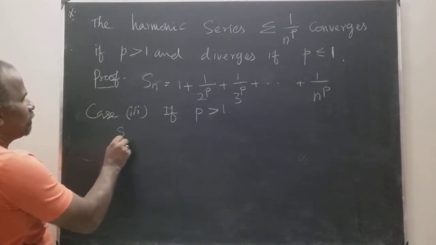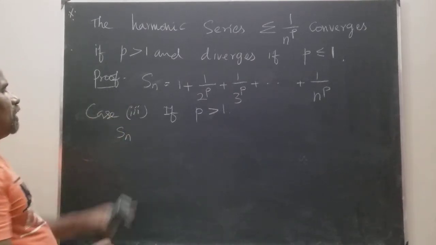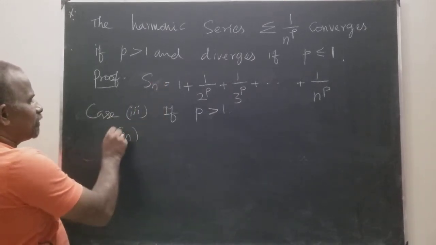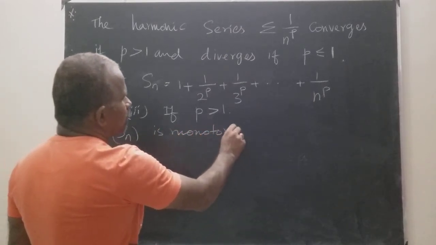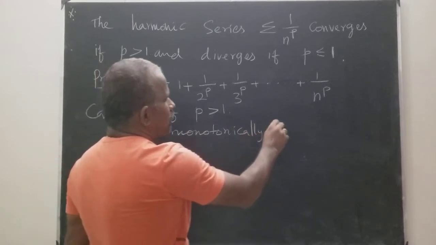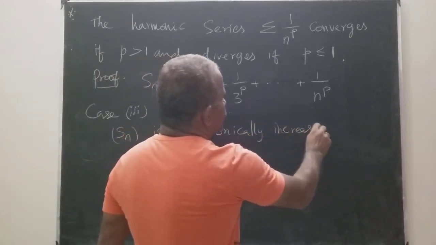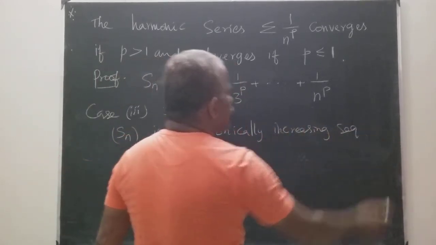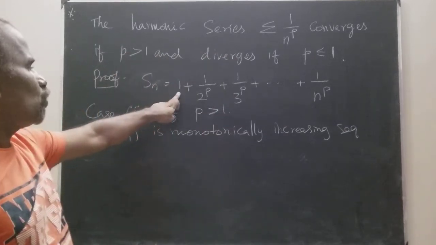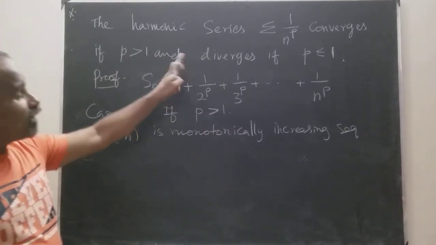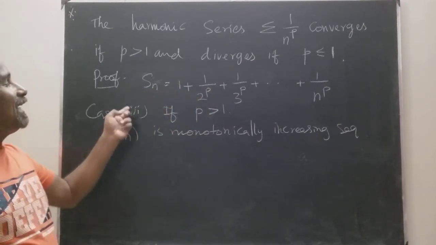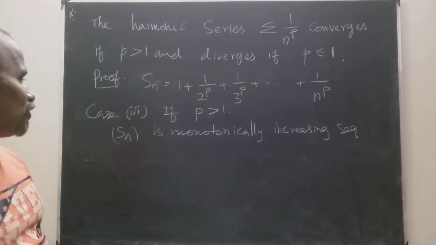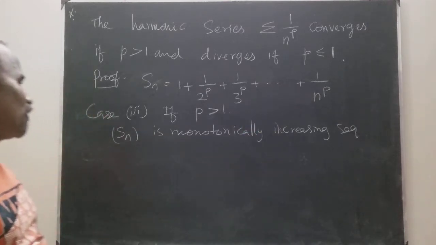Sn is monotonically increasing. S1 is 1, S2 is equal to 1 plus 1 by 2 power p. Since p is positive, S1 is less than S2, therefore Sn is a monotonically increasing sequence.